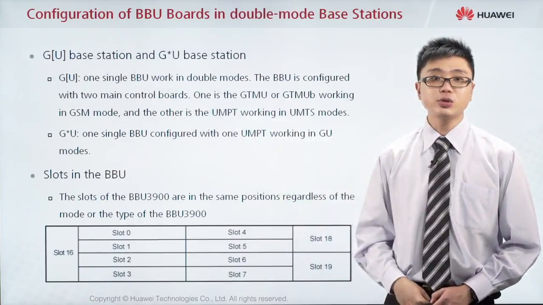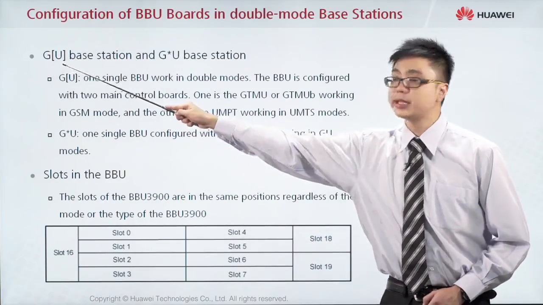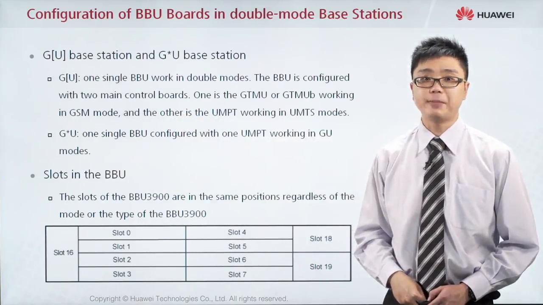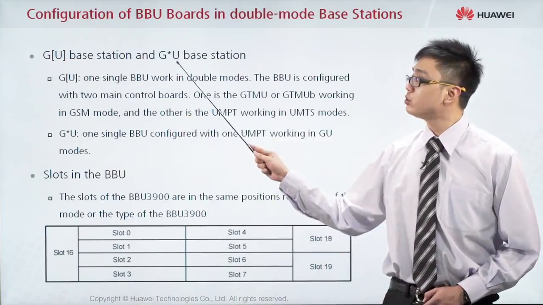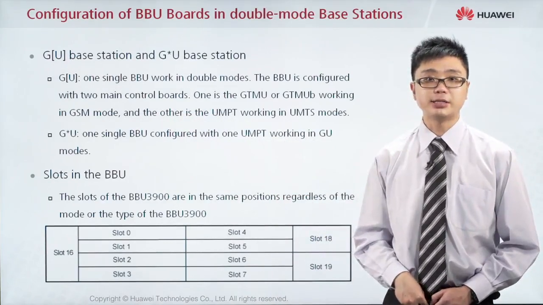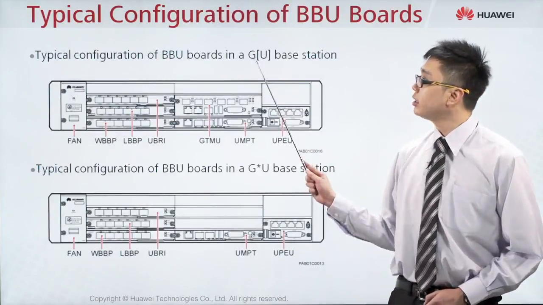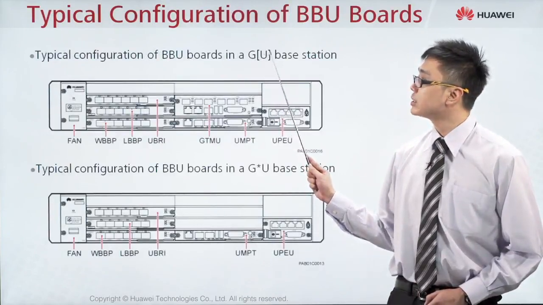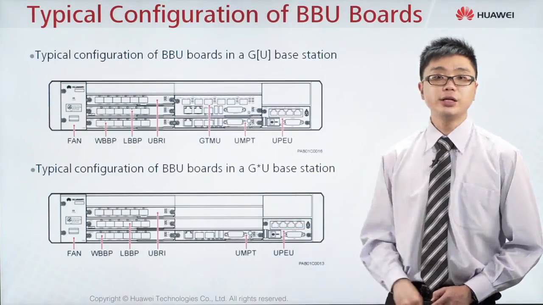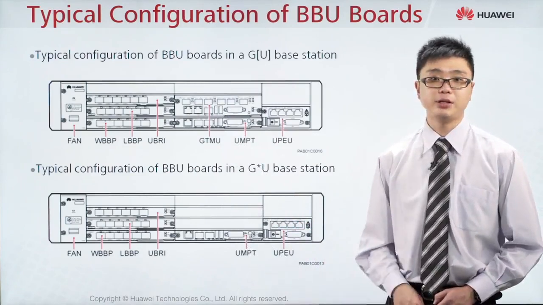In case you choose to process them on two different boards, this is the GU base station type, which means you need to put the GTMU board as well as the WMPT board. However, if you choose the same board to manage 2G and 3G, you can just put the UMPT board inside. So here is the scenario. If you want to separate the main processing board into two different boards, you have the GTMU here and the UMPT. In case you want to combine them, you can have just one board, which is the UMPT board.